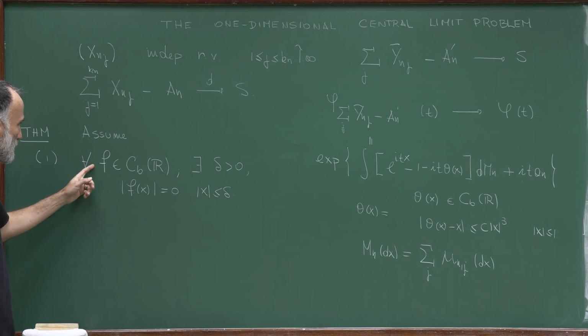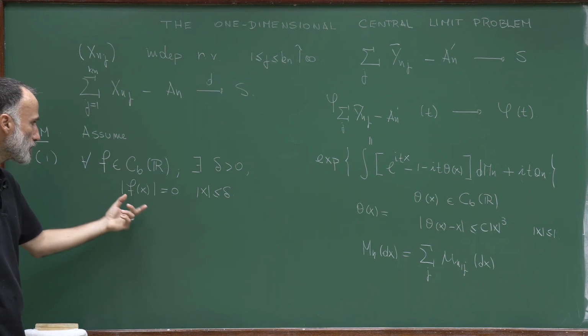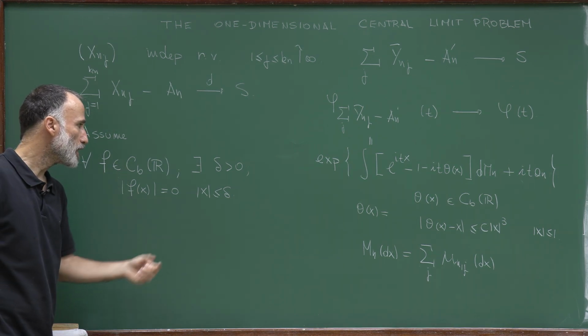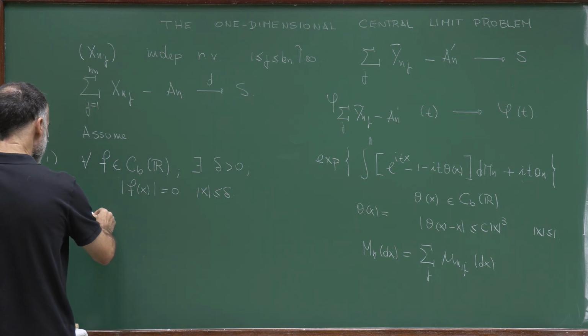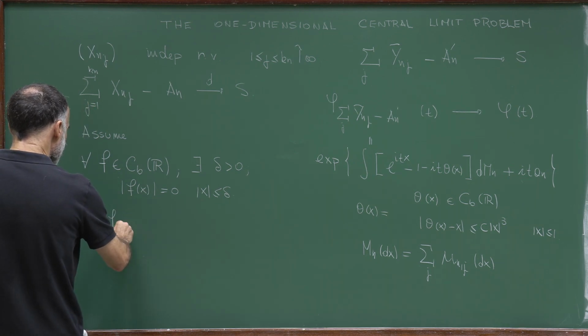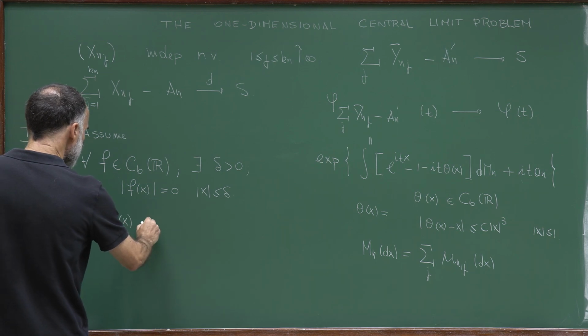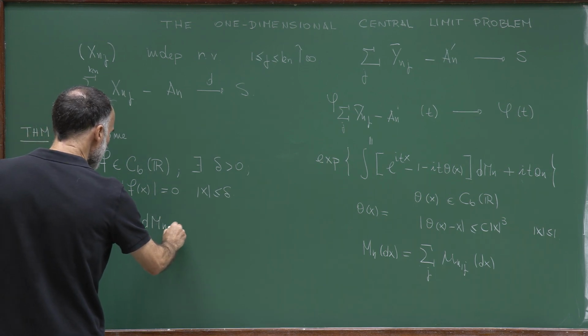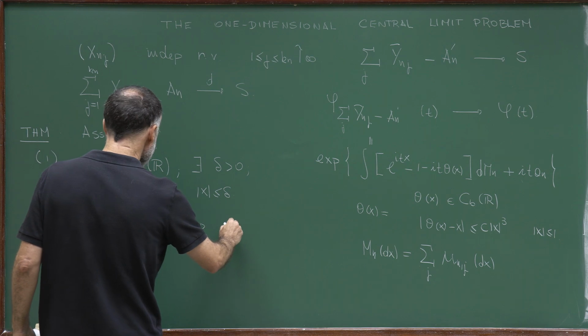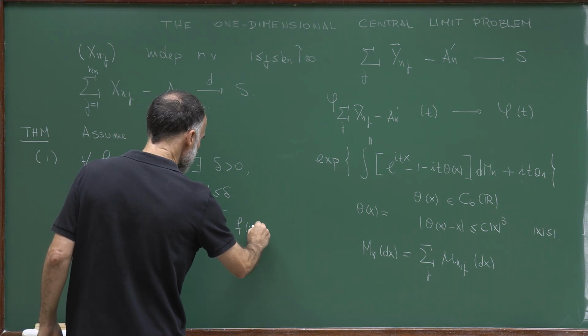So I'm assuming that for all continuous bounded functions which vanish in the neighborhood of the origin, the following holds: the integral of f(x) dM_n converges to the integral of f(x) dM.